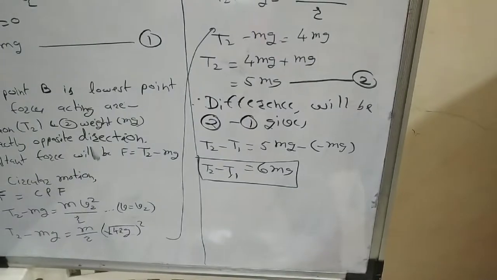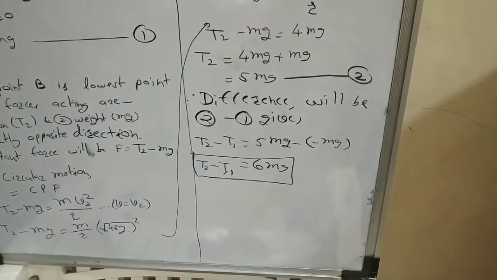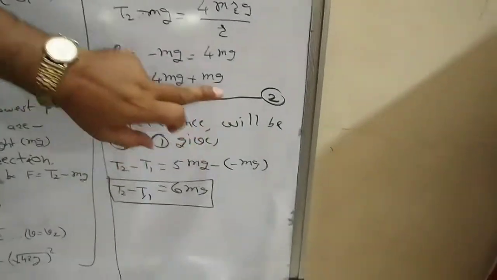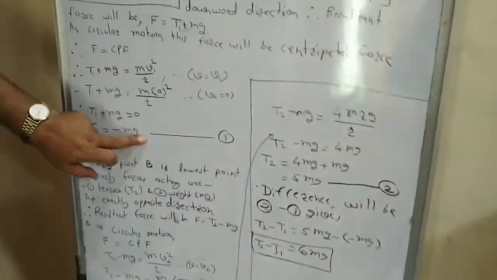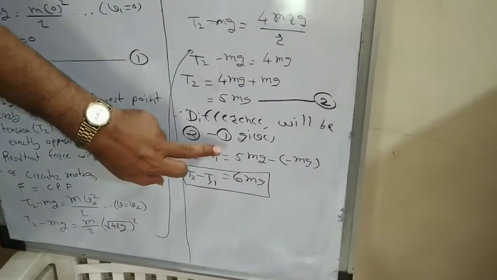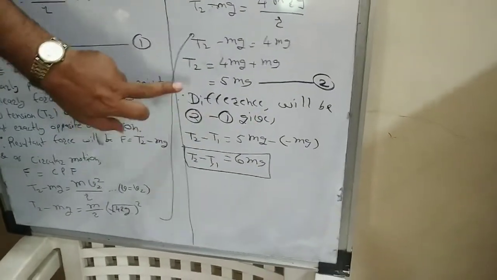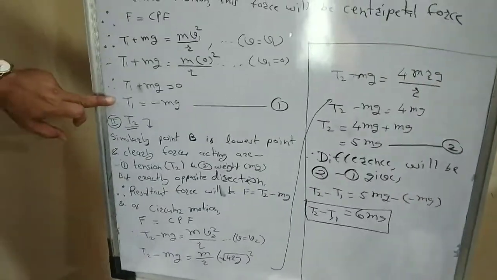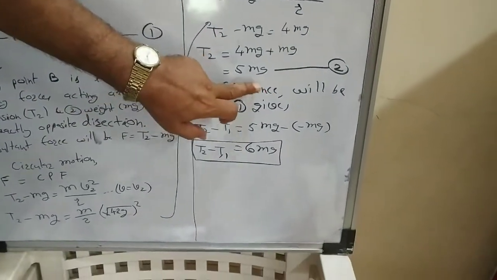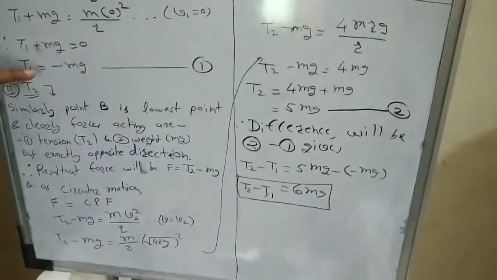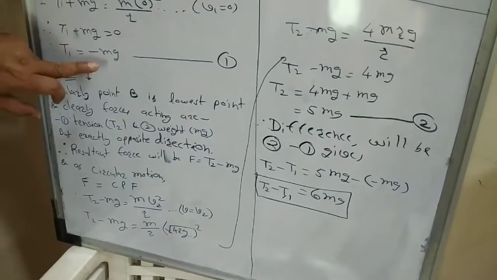Our aim is to find the difference between tension at the bottom point and the upper point. So by equation 2 and equation 1 we can find it out. By taking the subtraction of equation 2 and equation 1, we get T2 minus T1 is equal to 5mg minus, and here the right hand side of equation 1 is minus mg.